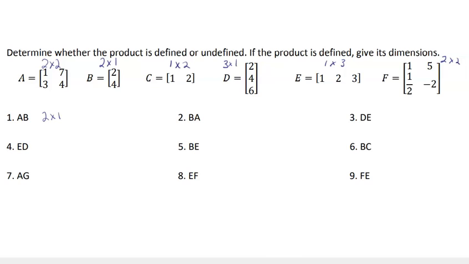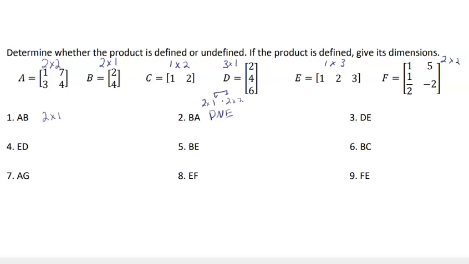B times A, this is a 2 by 1 times a 2 by 2. Note that the columns of the first is not the same as the rows of the second. So this is not possible. It does not exist.